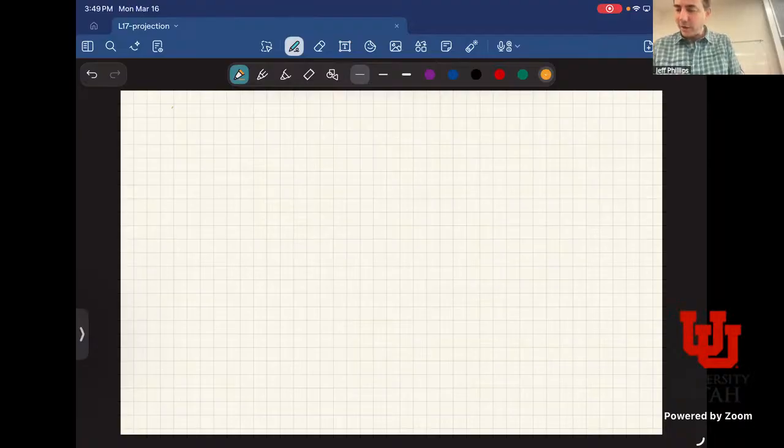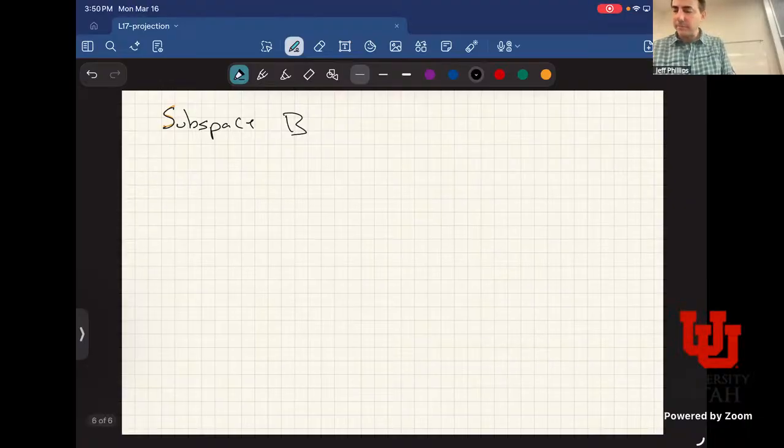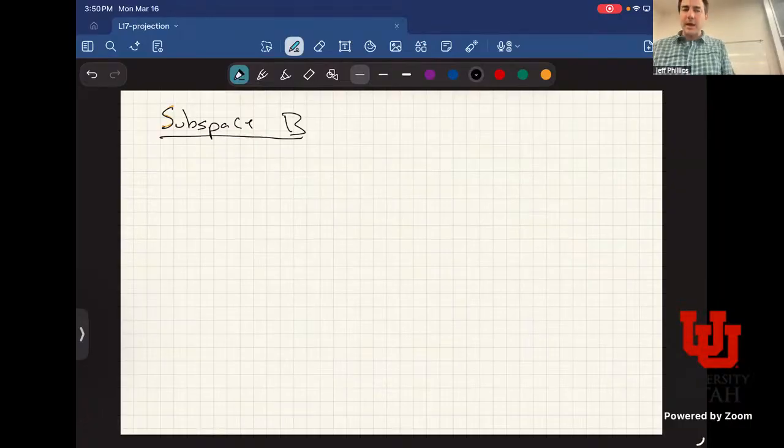All right. Okay, so now we want to talk about a subspace. I'm going to call this B. And a subspace B, I'm going to represent by a set of basis vectors.